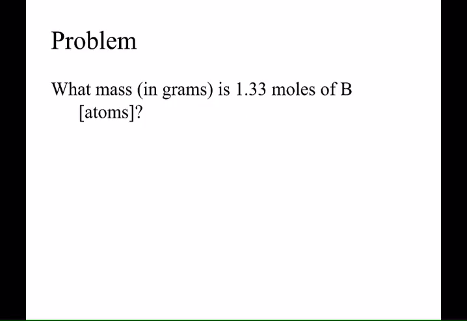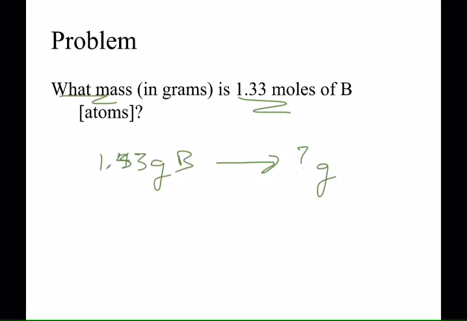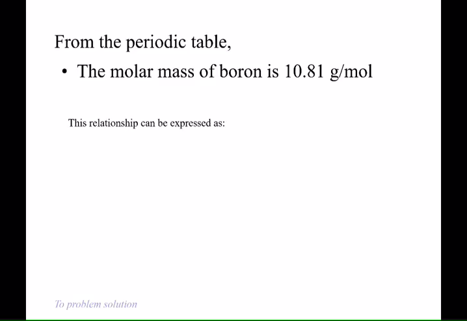It looks like this: what mass, question mark grams, is 1.33 moles of boron. Now notice that the word atoms probably won't be there, it's implied. So we're going to have to use the periodic table to look up what the molar mass of boron is.